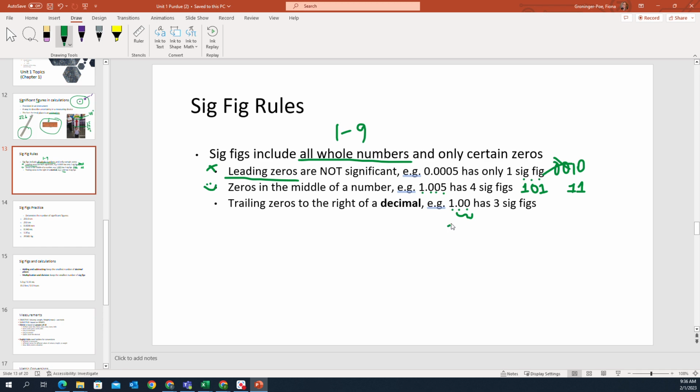Similarly, if it was 10 with a decimal right there, this decimal tells you that this 0 is counted towards significance. So when there are decimals involved, be on the lookout. Anything in front is not going to be significant, but decimals make zeros to the right of numbers significant. Those are called our trailing zeros.